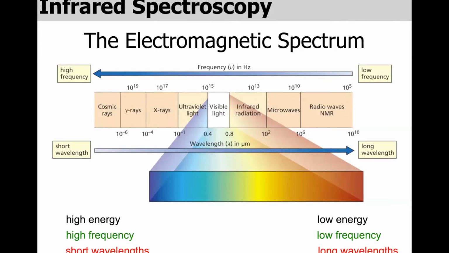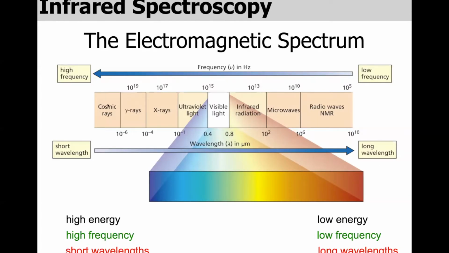So if we look into what the electromagnetic spectrum is all about, we need to start talking about what is infrared. Infrared is an electromagnetic radiation that happens just a little bit lower energy than visible light.